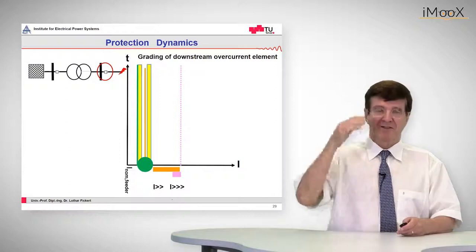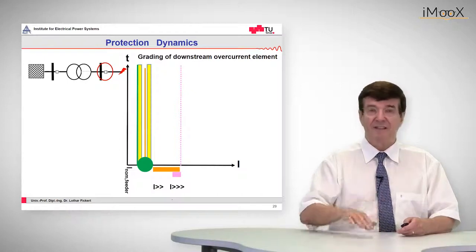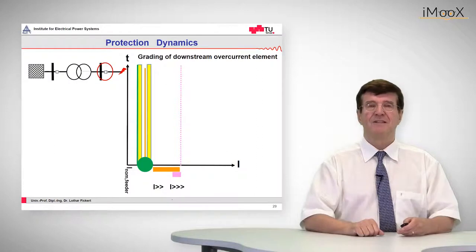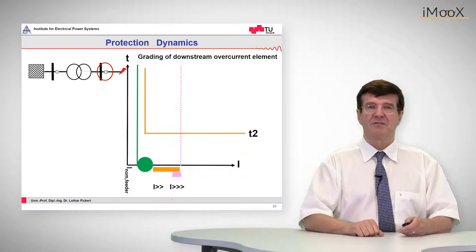It must always pick up for the worst case, so it must be below that short circuit current. On the other hand, it must not infringe with the normal operation of the feeder, so it must be above the nominal current of that feeder. So the tripping time may be chosen as T2. This is the setting of the feeder protection, which is downstream.